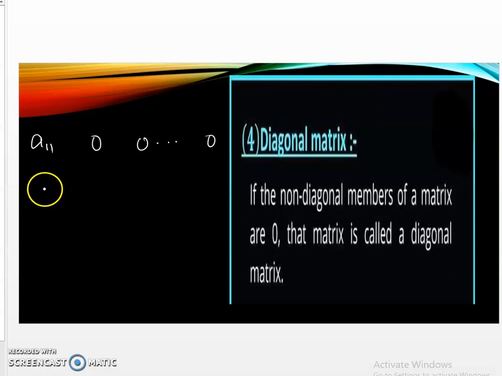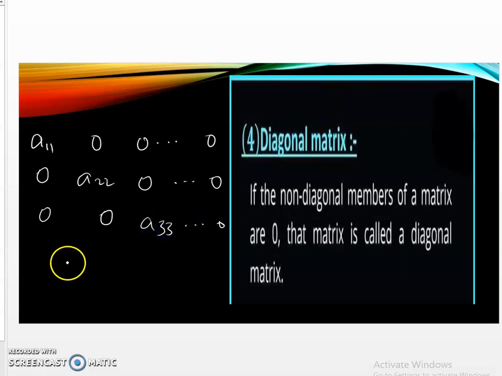We have 0, then A22, then 0. This will also be 0, this is 0, and here is A33. Of course, this is 0.